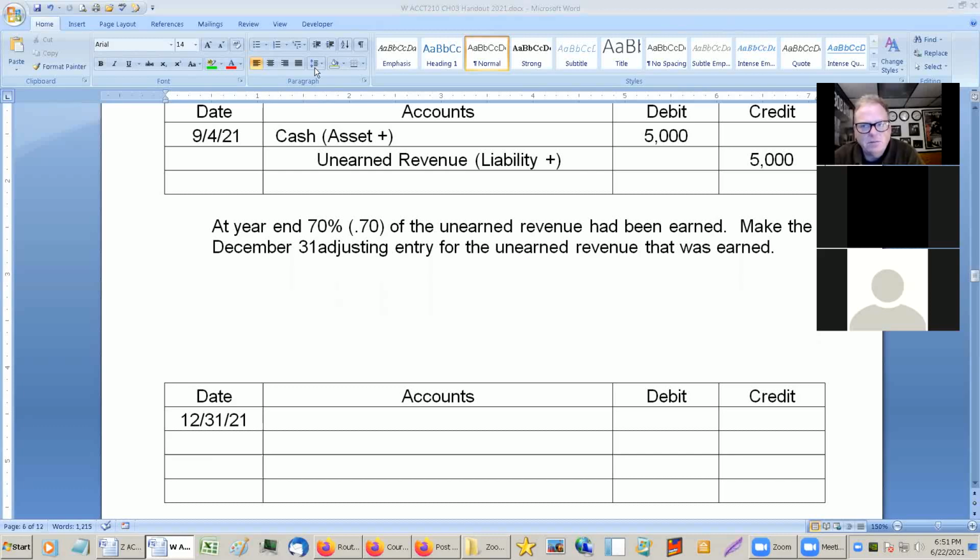So how much have they earned? 3,500. Yep.